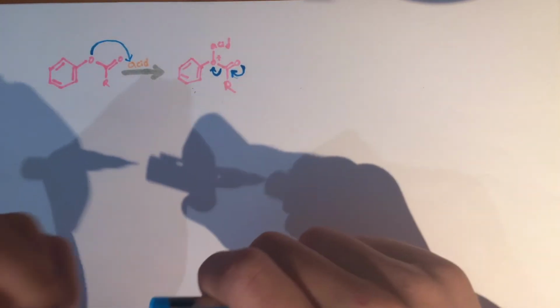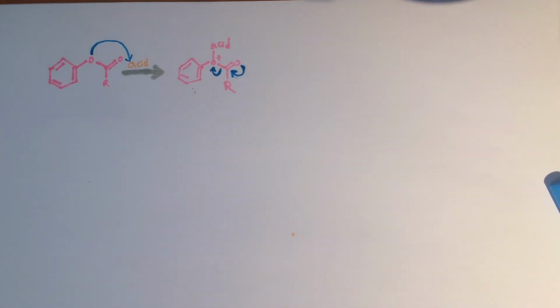So then what happens is the oxygen attached to the carbonyl group brings an electron pair down, and then this bond breaks and the electron pair goes to the oxygen, which means that the carbonyl group leaves.